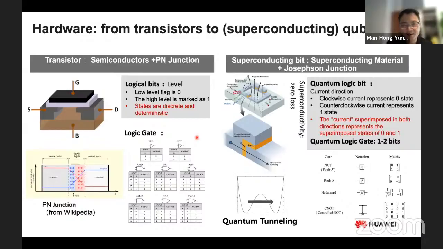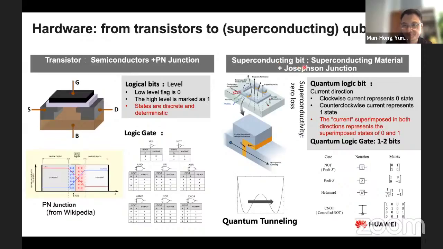Okay, for quantum bits or qubits, superficially you have very similar structures. For example, you basically use superconducting materials. At the moment, the most popular material is aluminum. At room temperature, it is a conductor, but for superconducting qubits, we need to lower the temperature to near absolute zero, right?